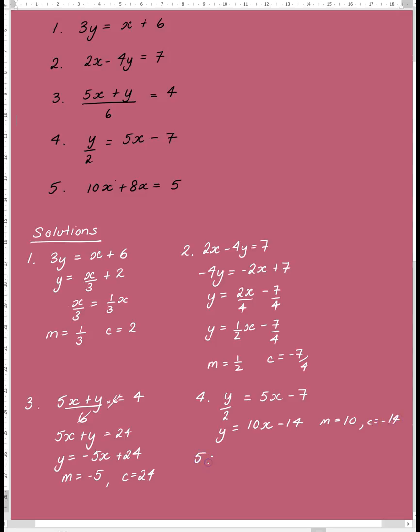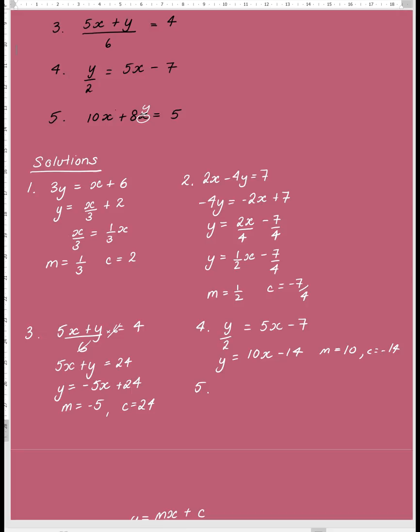Now with question 5, oops, that should have been a y there. So let me write that out again, so that becomes 10x plus 8y equals 5, and we're going to get rid of this plus 10x by taking it away, so we've got 8y equals minus 10x plus 5. To get rid of the times 8, we will divide by 8.